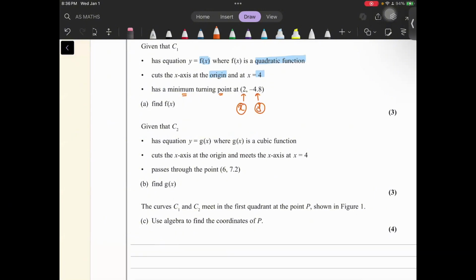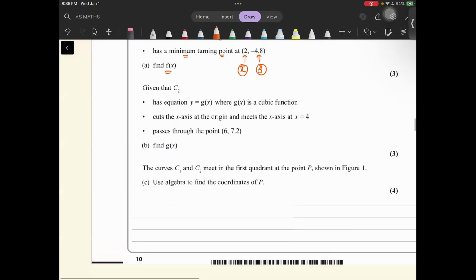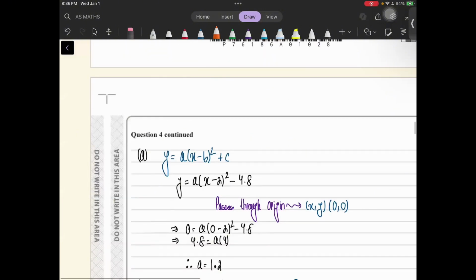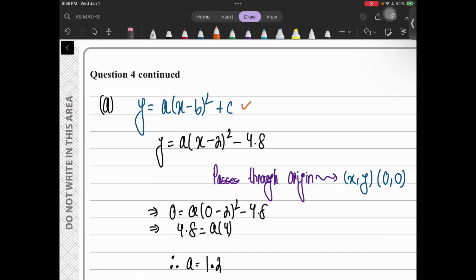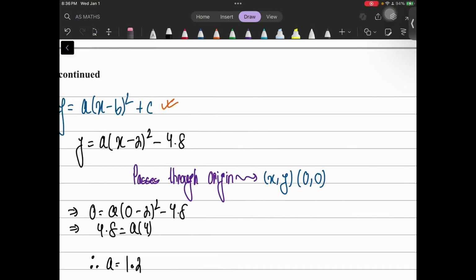To find an equation of the quadratic curve, you need to remember this completing square formula. Because to find the minimum or the maximum point, you can either use the differentiation method, or the completing square method.